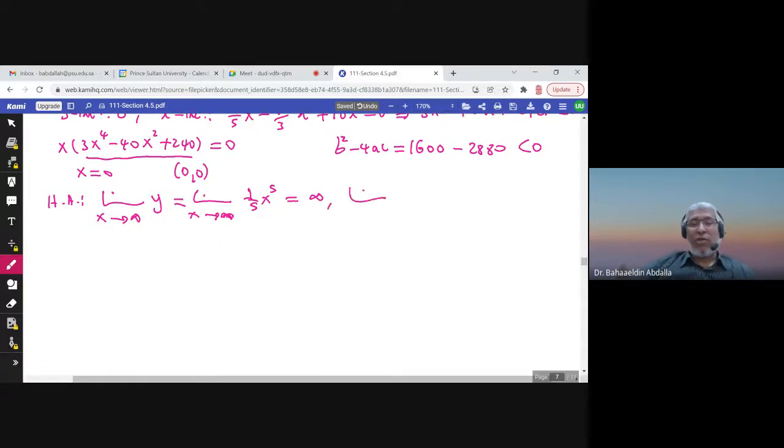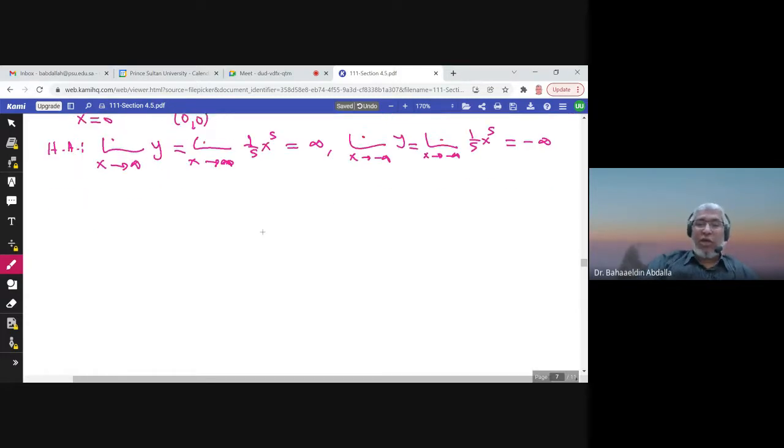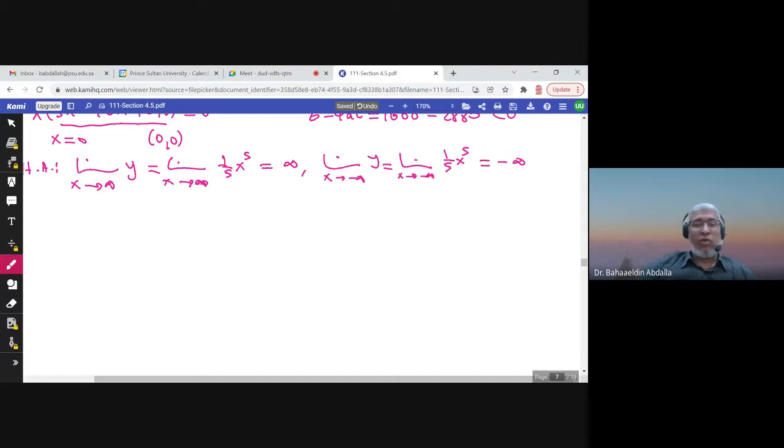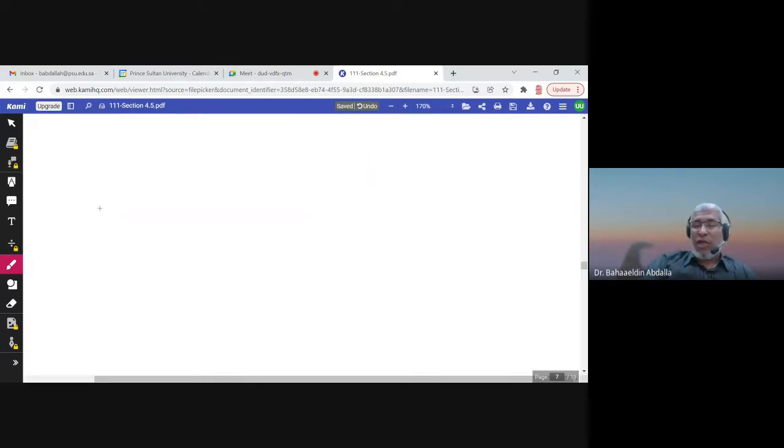While for the limit of y when x approaches negative infinity, I also take the highest power. But now when I replace x by negative infinity, to the power 5 is negative infinity over 5, that's negative infinity.